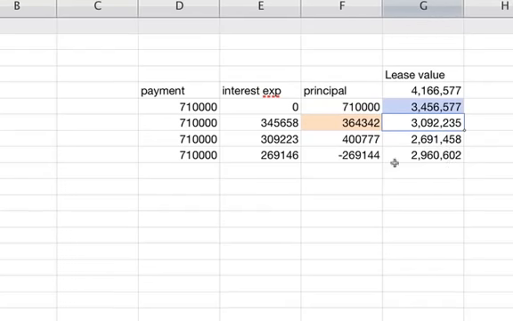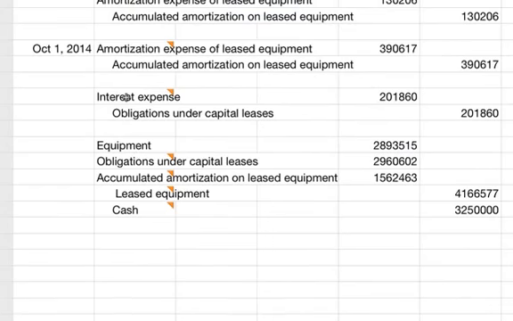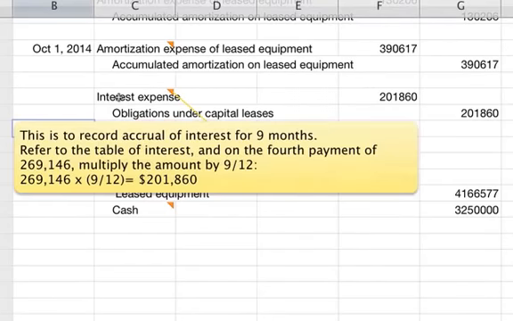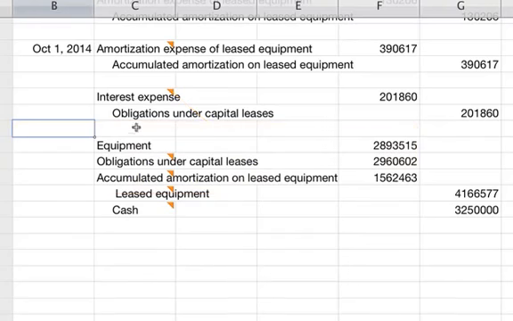And it just goes on until the purchase happens right here. So we take this interest expense of 269,146, like our note says right here. We multiply that by 9/12. That gives us 201,860. And then of course we credit obligations under capital leases because we're reducing the obligation by that much.